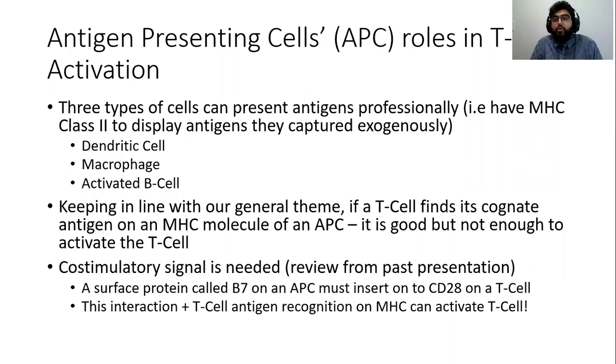So you need a co-stimulatory signal to serve as a check on making sure it's okay to proceed, and it's going to be mediated by B7 to CD28 binding. B7 is on the antigen presenting cell, and CD28 is going to be on the T cell. So just keep that in mind. A couple of things are needed to make sure that antigen presentation can lead to activation.